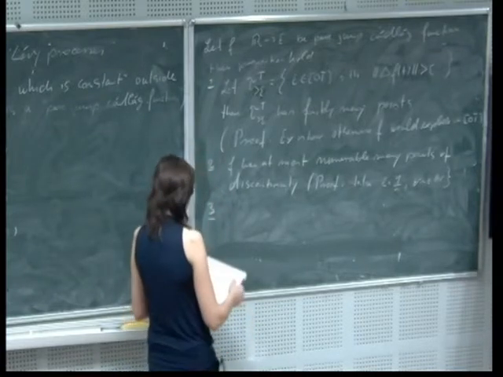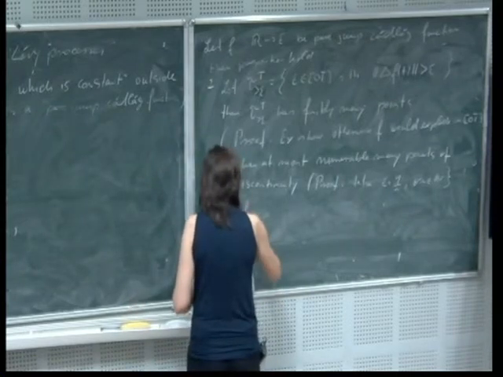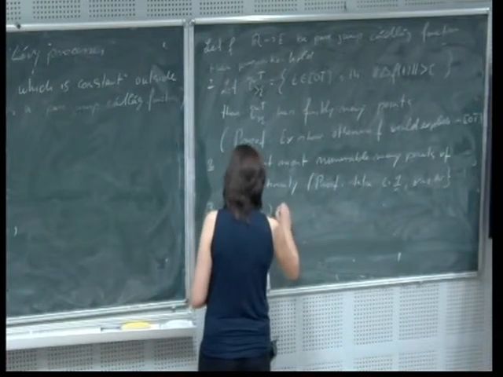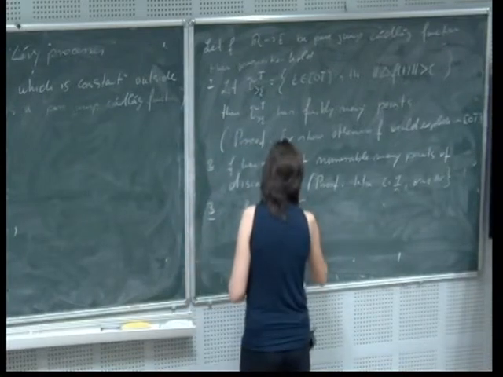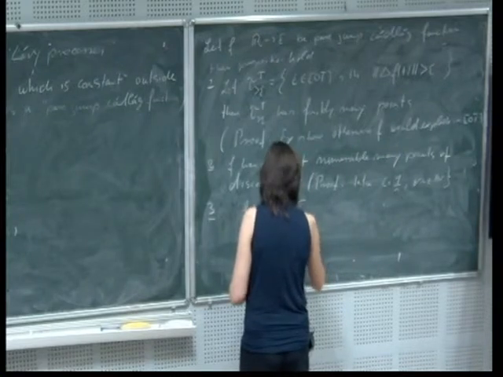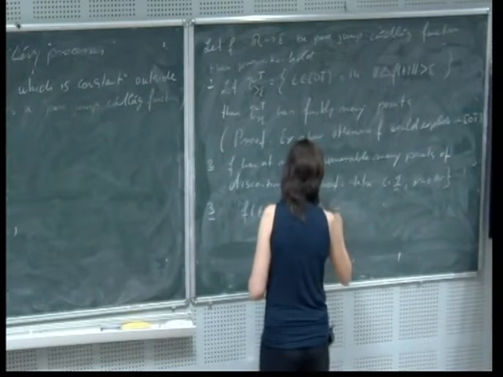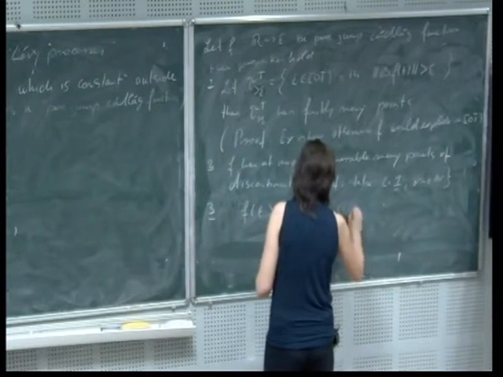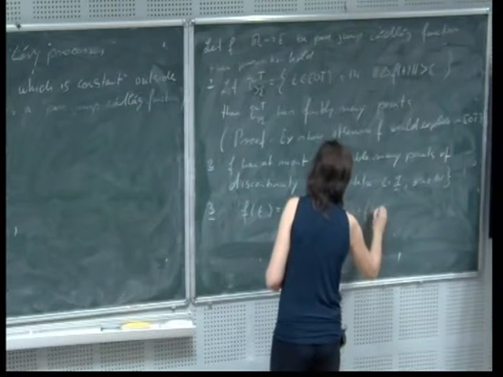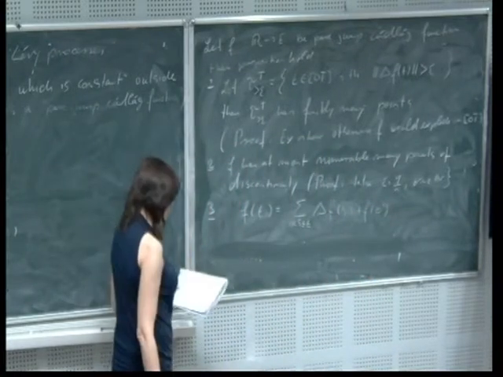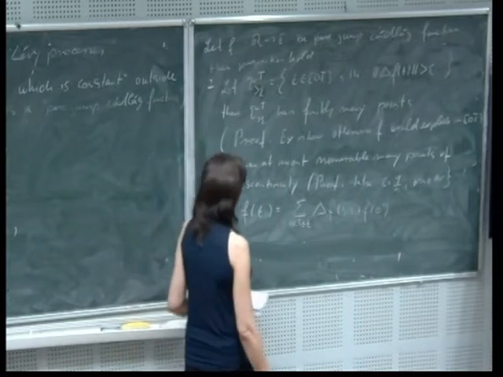And therefore, if f is a pure jump càdlàg function, I can always write it in this way. It is the sum over those times where I have a discontinuity of the jump. It can only look like this. It follows from 2.